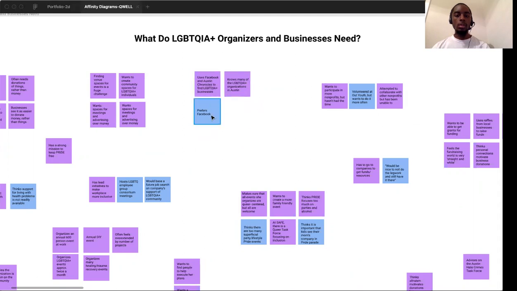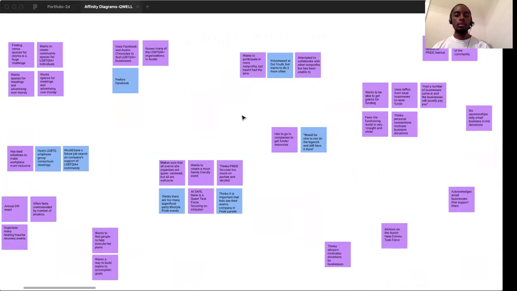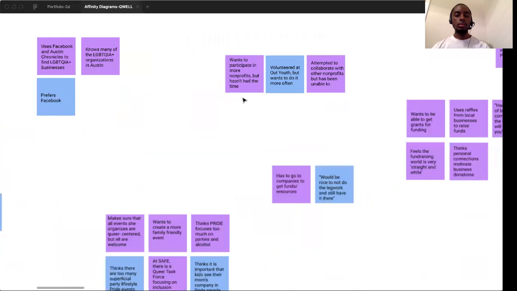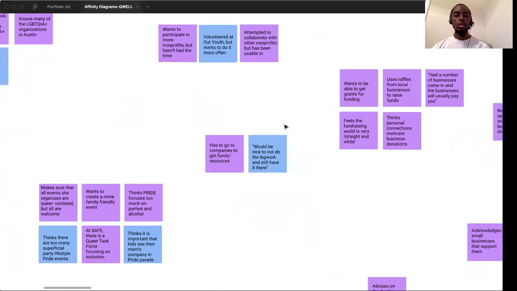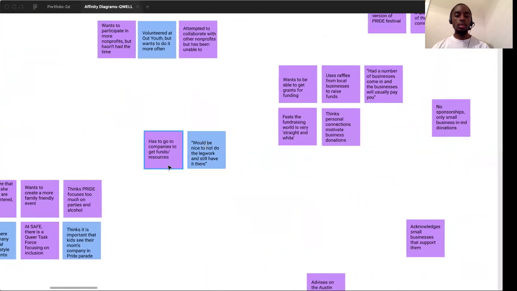I wonder if you could put this in with the groups. This seems more like they need networking, something like that. So they need more time or resources to participate, volunteer.